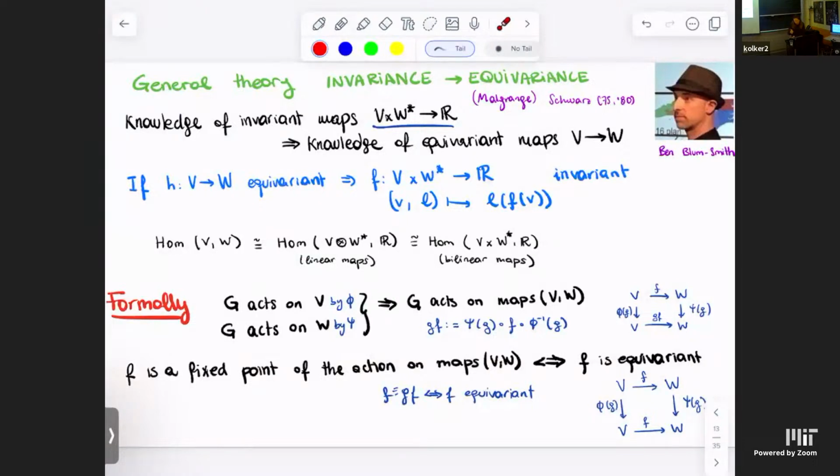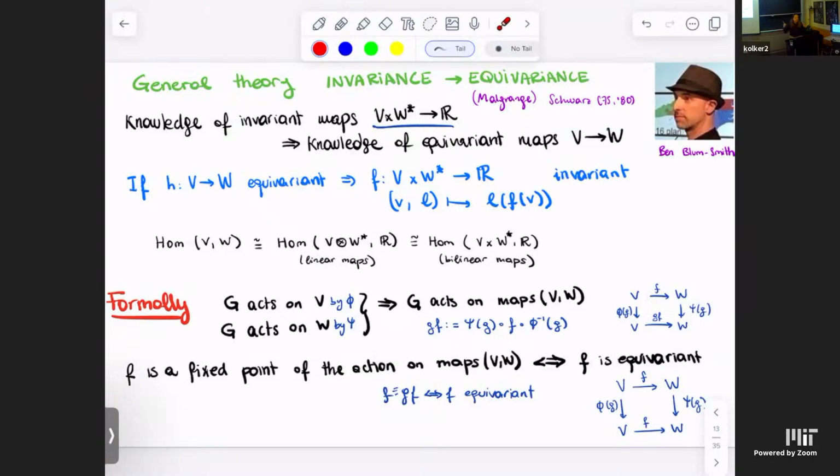Maybe something that I can say is that if we have a group that acts in two spaces, B and W, then there is a natural extension of the action to the maps from B to W, and then the equivariant functions between B and W are going to be invariant in the space of maps.